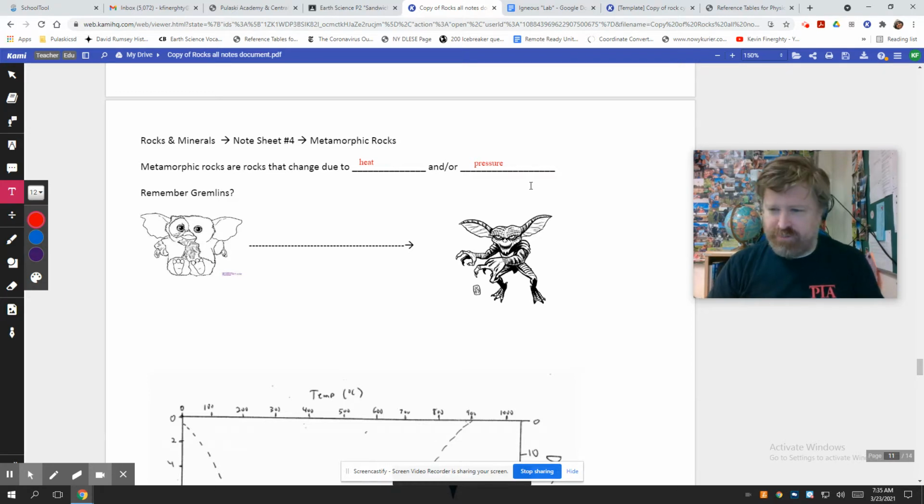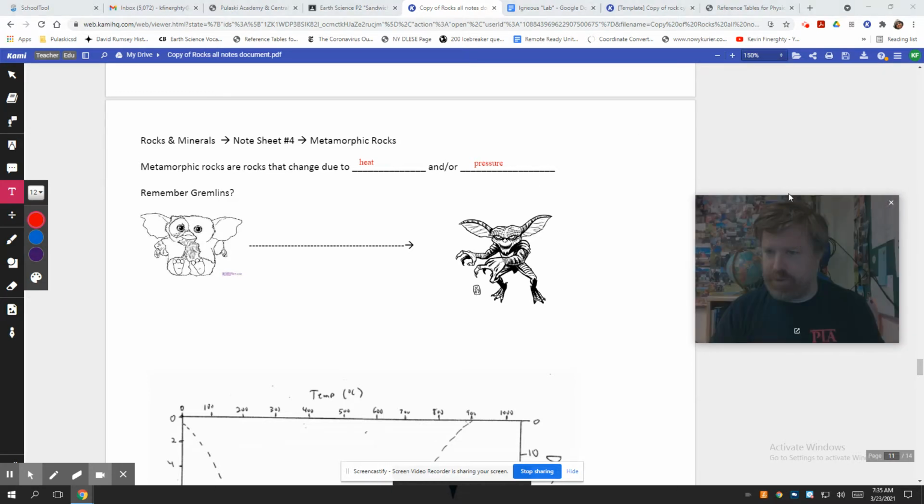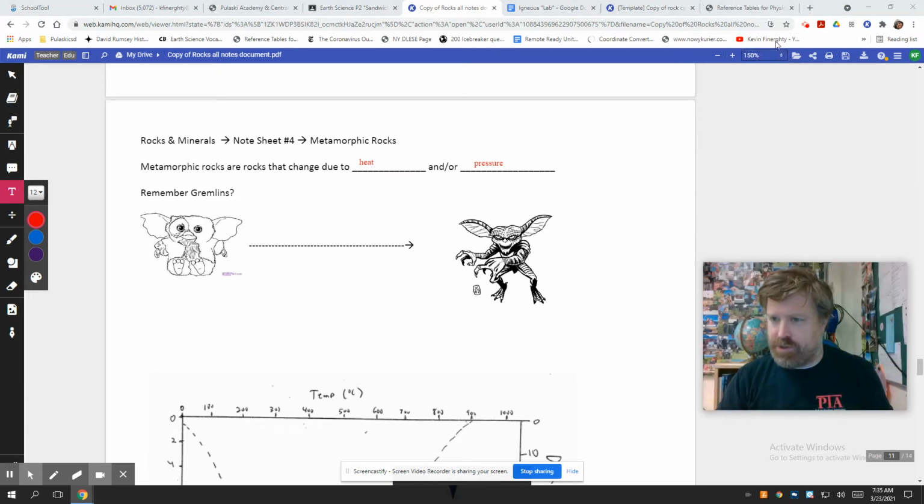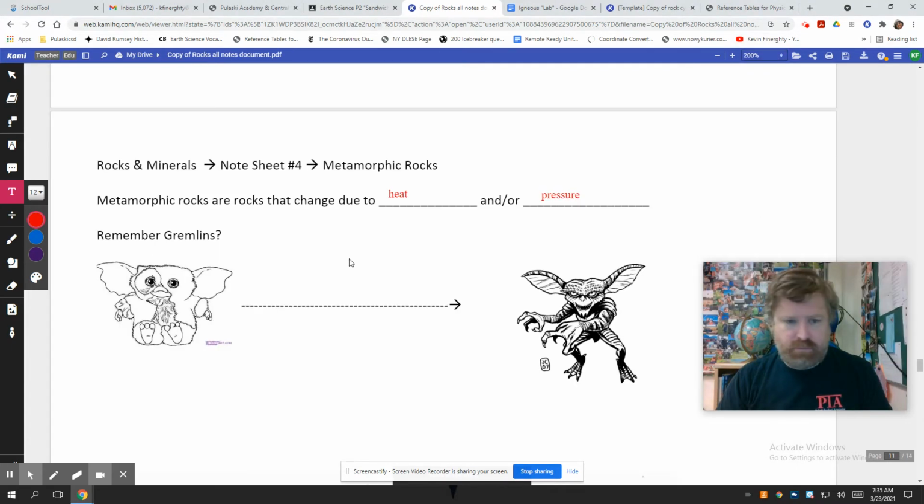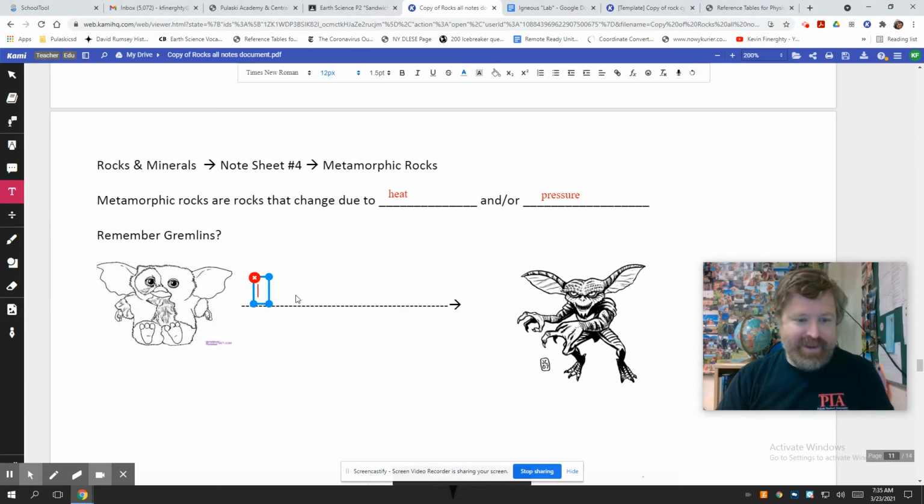All right. The term metamorphosis you've probably heard before, and I bet I'm going to misspell it, but we'll let Google figure it out here. If you've seen Gremlins, which if not, I recommend, it goes from the cute fuzzy gremlin, and if you accidentally feed it after midnight, it turns into this evil slimy gremlin, right?